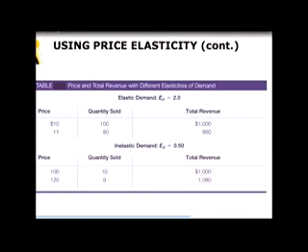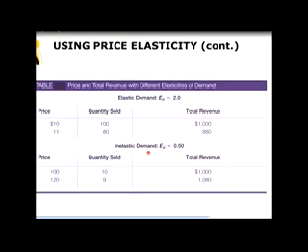So for an elastic demand with a price elasticity of 2.0, an increase in price of 10% is going to reduce the quantity demanded by 20%. So if the quantity was 100, it's now 80. Total revenue goes from 1,000 down to 880. Remember, to calculate total revenue, you just multiply the price times the quantity. So total revenue falls for an elastic demand.